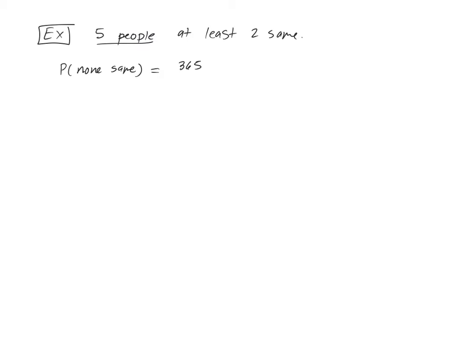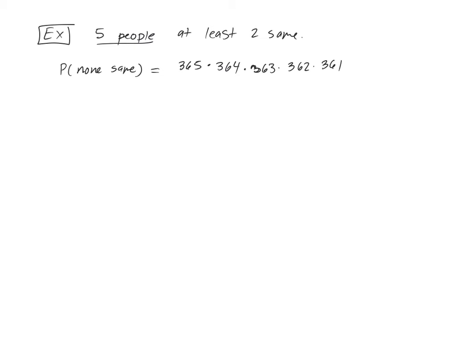How many for the next person's birthday? We're totally ignoring leap years, because that makes it harder. And then the next person's birthday is 363, and then 362, and then 361, right? There's the 5 people.